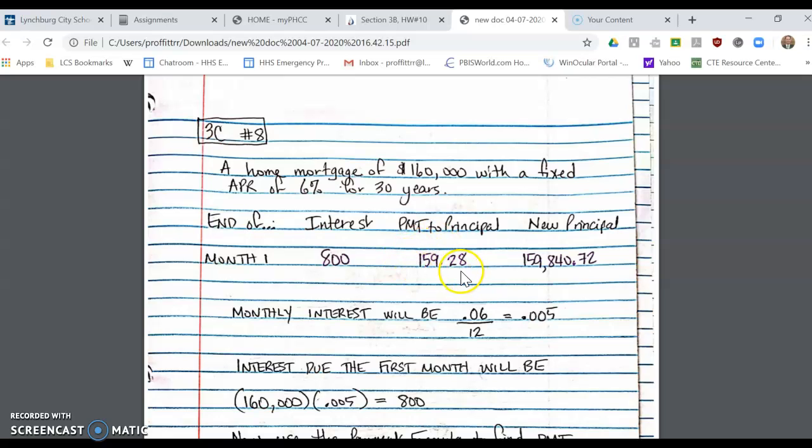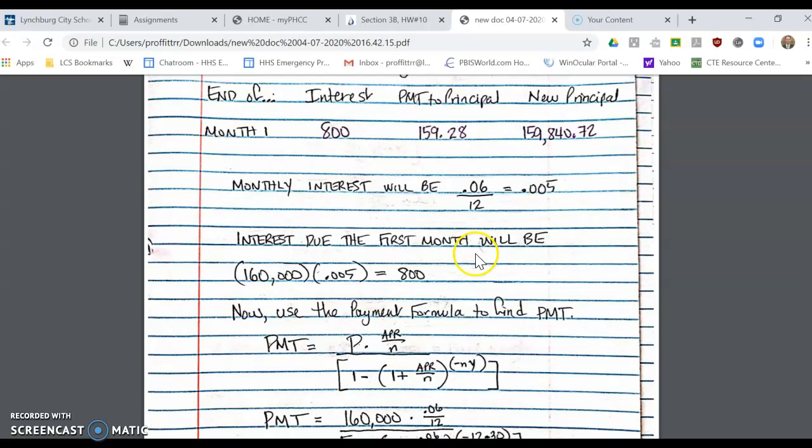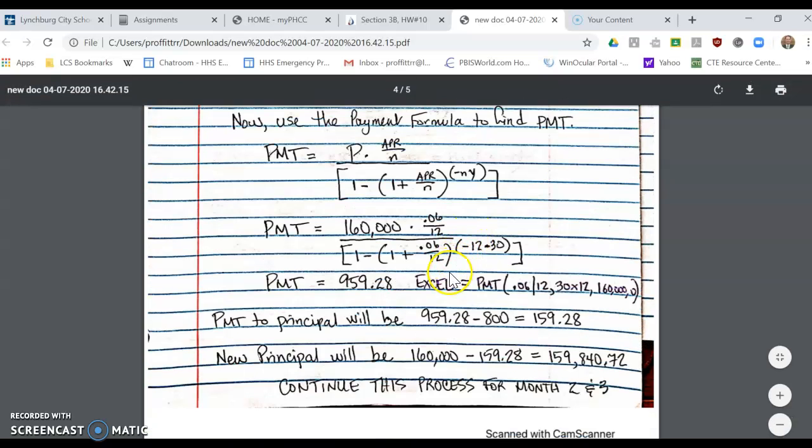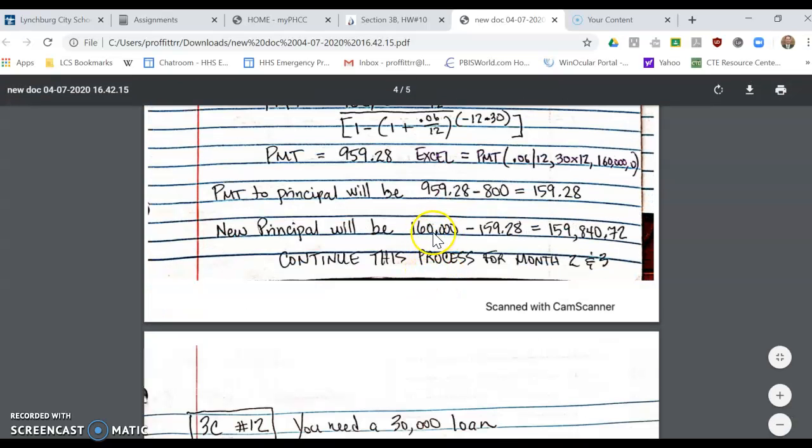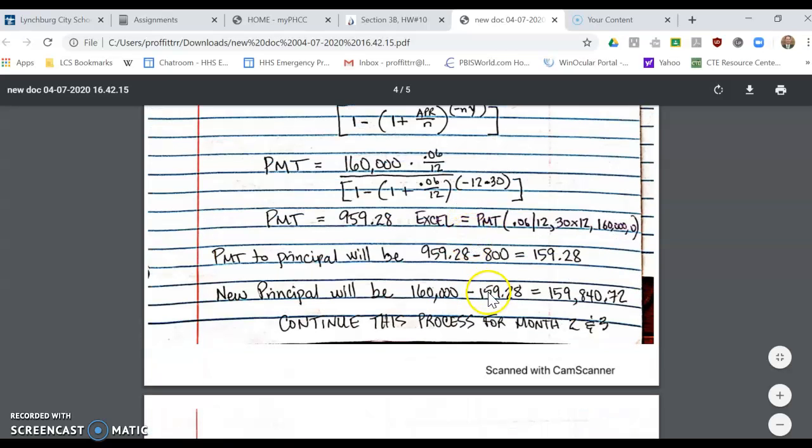Now the next box is asking, what's the new principal after month 1? Well, you've paid $159.28 towards the principal. The total amount of the loan was $160,000. So to get the new principal, you take the $160,000 and subtract off the $159.28, which leaves you with a new principal of $159,840.72.